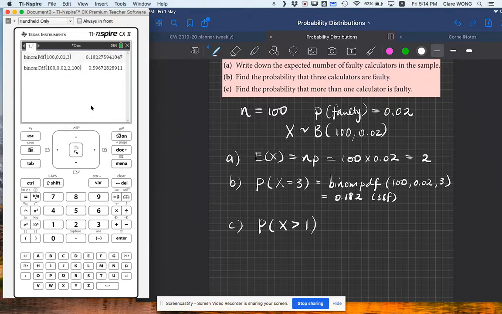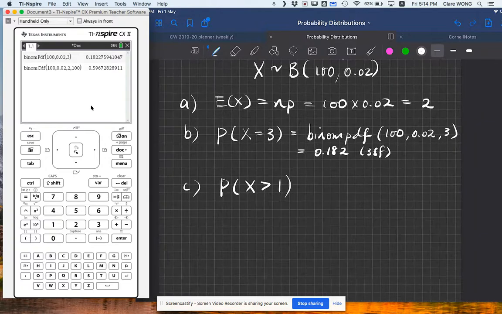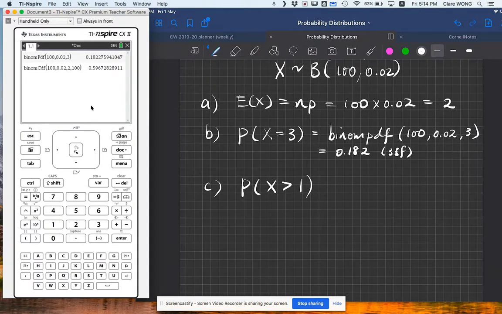So the probability of that happening is 0.597. Now I'm going to write my calculator command line down here. So we did 100, 0.02, 2, and 100, 0.597.